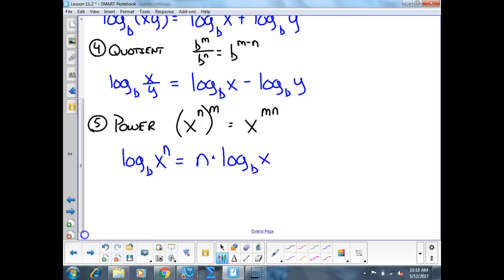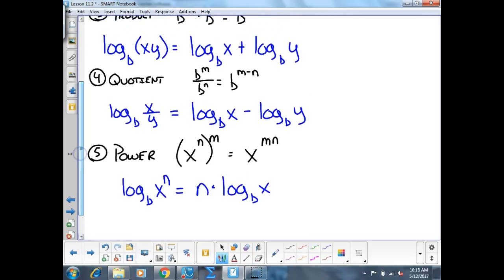Now, where we're going with this: we want to get to next week, where we want to solve more complex logarithmic equations. That's our goal. In order to do that, we have to do something called expanding and contracting logarithms.